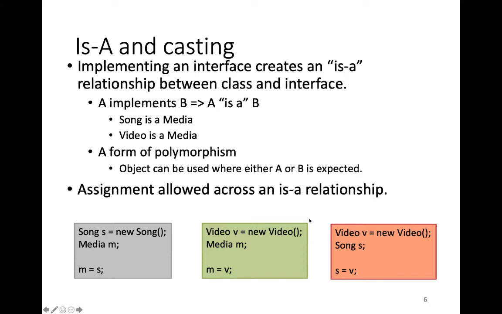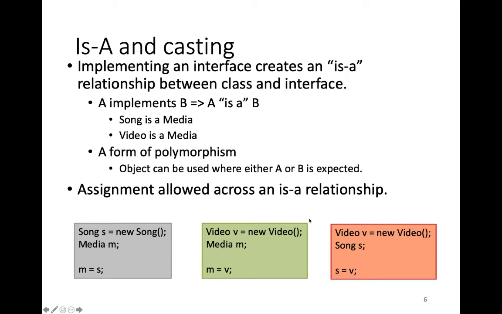I mean, if I create a song, then that song object is a song. That's just by identity, but it also has an is-a relationship with media and can be used anywhere where media is expected. So, this assignment is allowed across an is-a relationship, and this is part of programming to an interface. You want to program to the interface that you're using that object for.